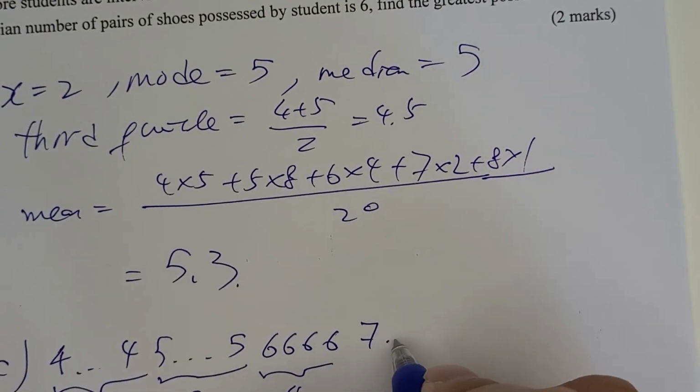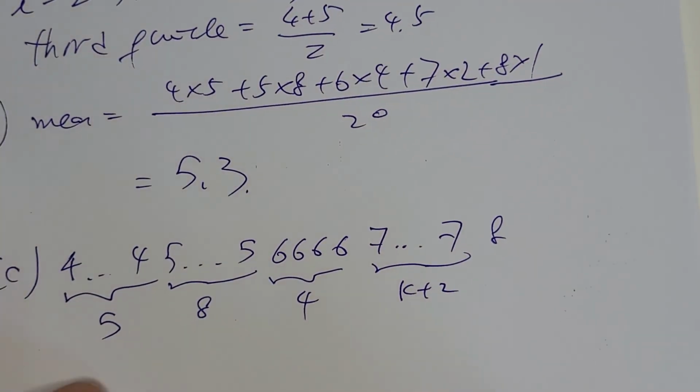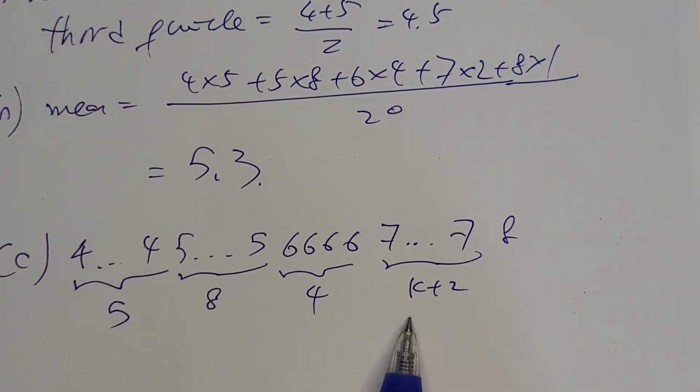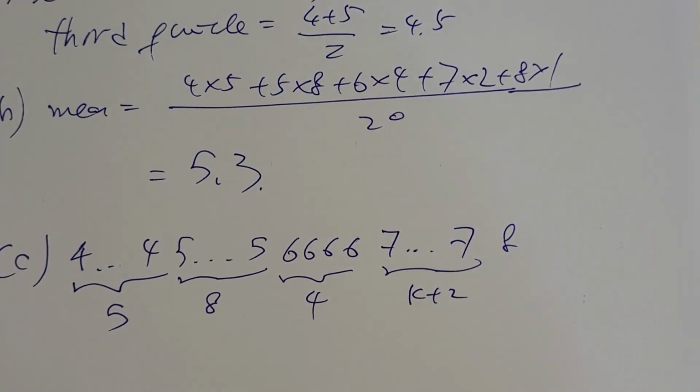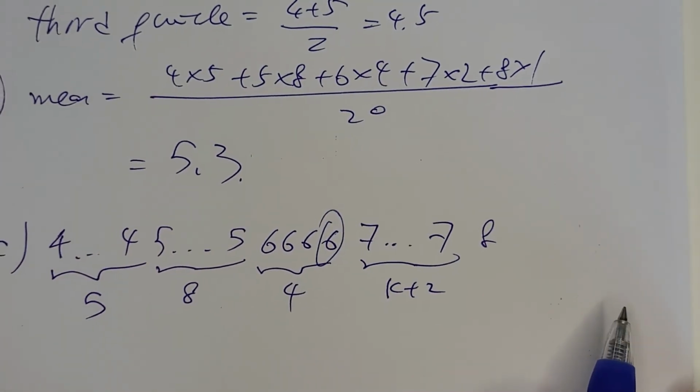Now I have K plus 2 of them have 7 shoes, and then 1 of them have 8 shoes. Now I want the median is 6 and I want K be the largest. Then what we can do, we can actually take this one, the last 6, as the median.